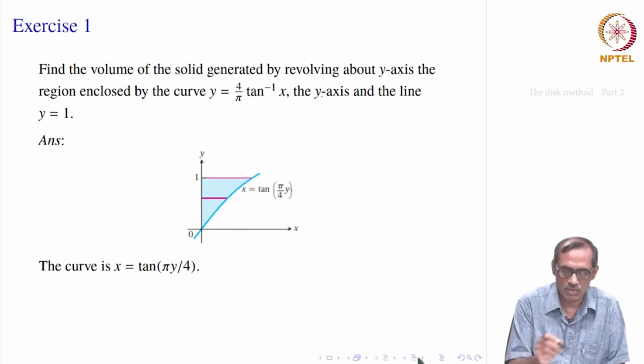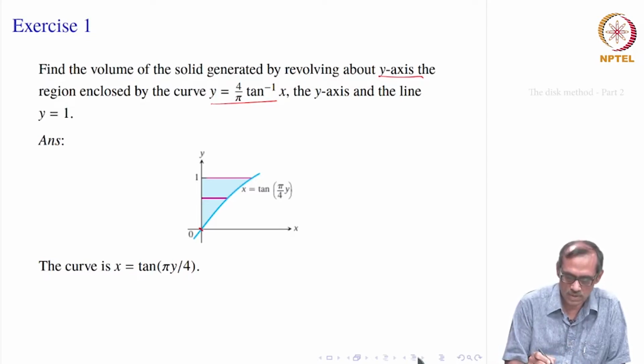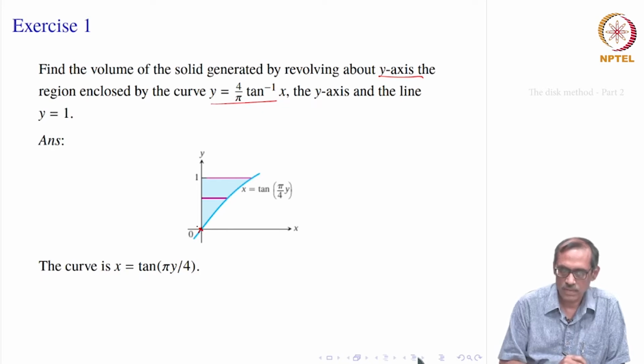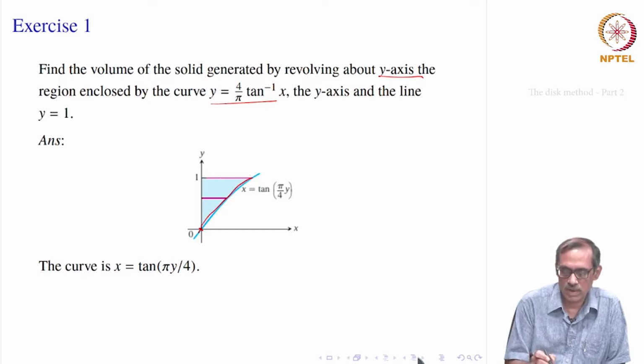We have the limits for y as y equal to 1, and what is the other point? That of course, we have to find out. That will be the intersection of the curve and the y axis, right, which turns out to be 0. Okay. So, this is the region we have found, and that region is revolved around the y axis.